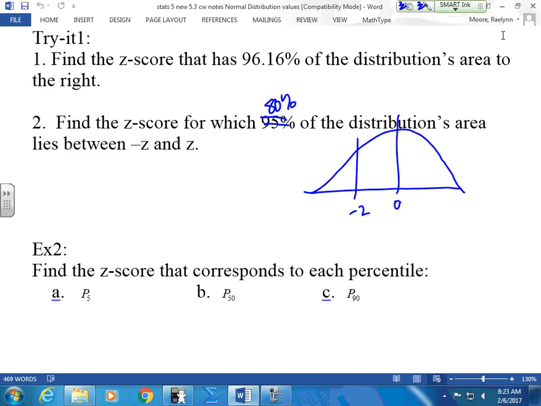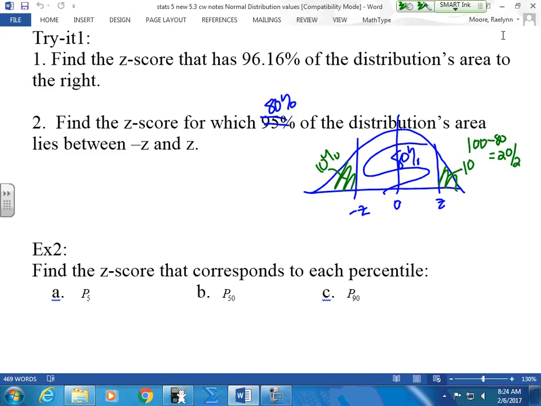I want a negative z and a positive z, and in here I want 80% between those two. What percent is left of my whole 100%? 20. And these two little pieces have to share 20% equally, don't they? So I'm 100 minus 80, which is 20, and I'm going to divide that by 2. Each one of these pieces is 10%.